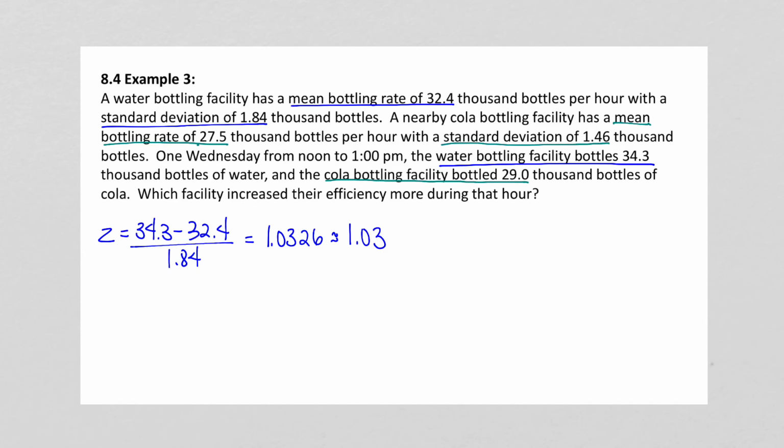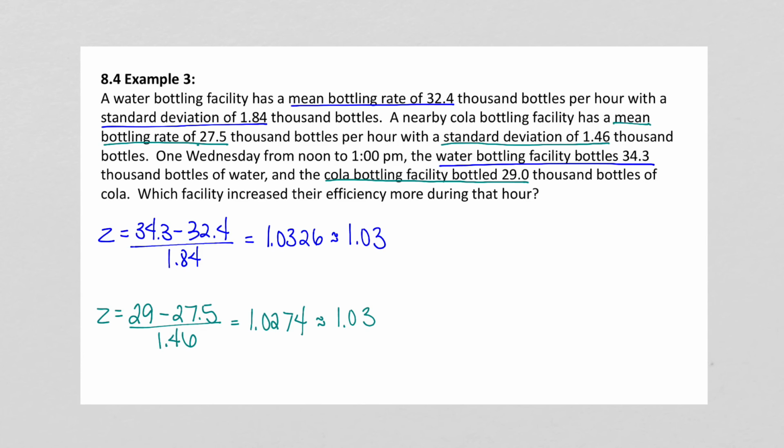Then for the cola bottling facility, the data point we're looking at is 29 minus their mean of 27.5, divided by the standard deviation of 1.46, and we get 1.0274, which I'm going to round to 1.03. So what does this tell us?